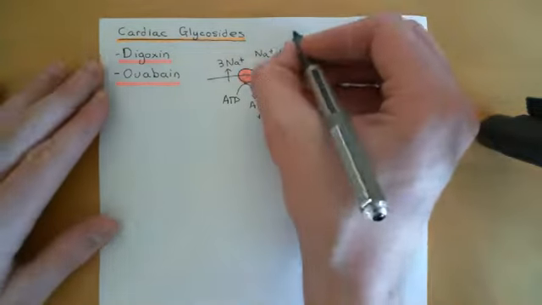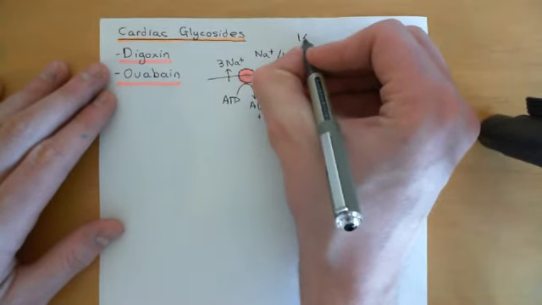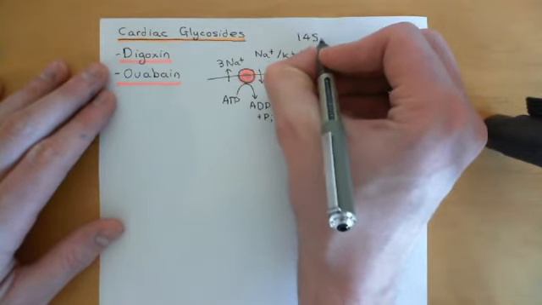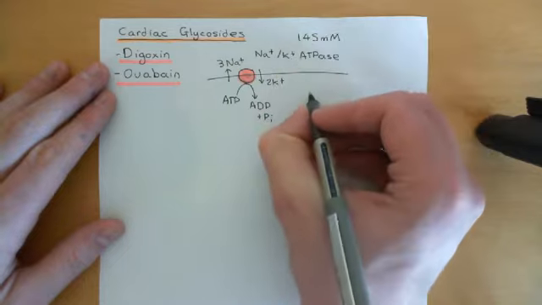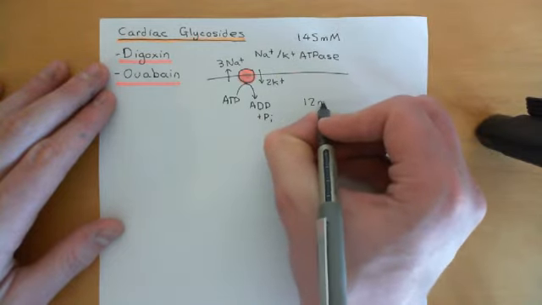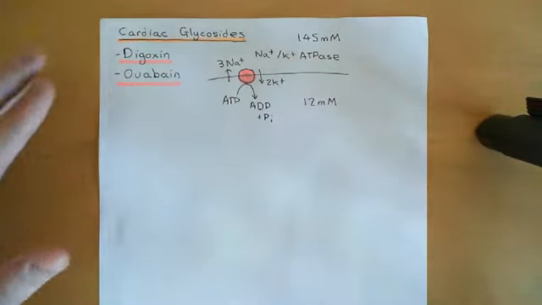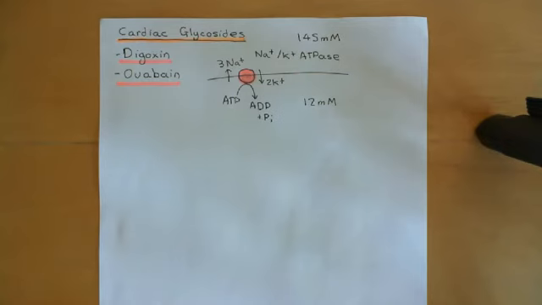So remember, we said earlier on that the sodium concentration gradient across the cell membrane was 145 millimolar extracellularly and around 12 millimolar intracellularly. Now, that concentration gradient was important for something.